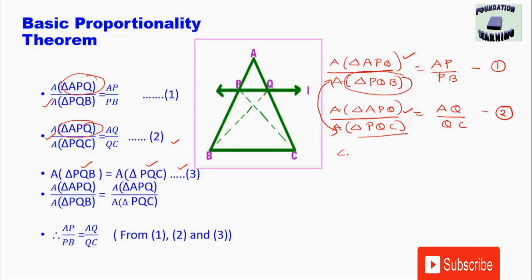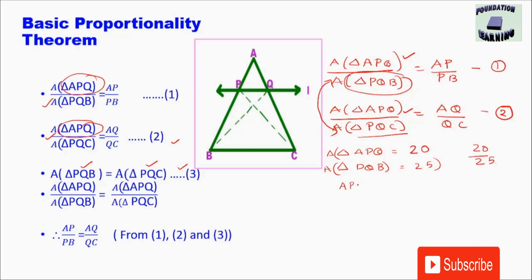Okay, I'll give an example. Now suppose the area of triangle APQ is 20 and area of triangle PQB is 25. This is the first equation, so you are getting 20 upon 25.